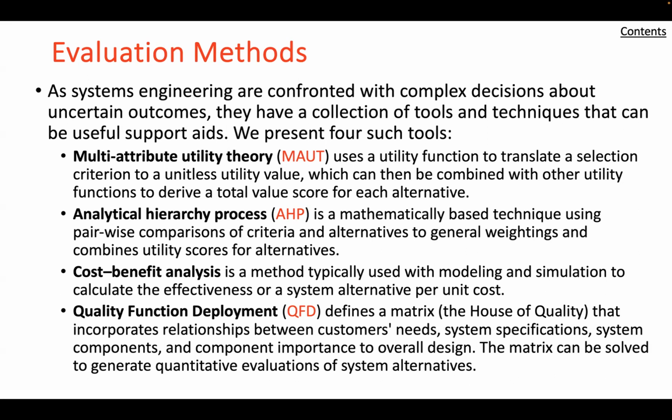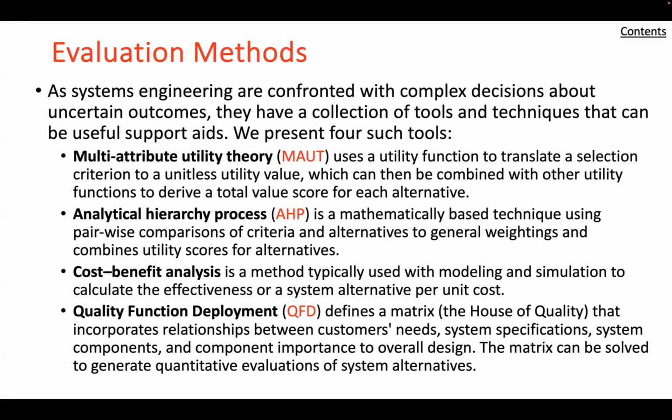Others exist as well, to include linear programming, integer programming, design of experiments, influence diagrams, and Bayesian networks. That's just listing a few. This is simply an introduction to several selected mathematical methods. References are given at the end of the chapter in the textbook if you want to read more.